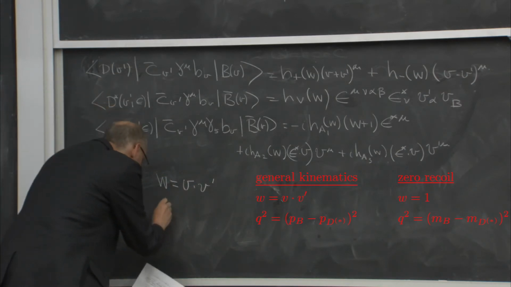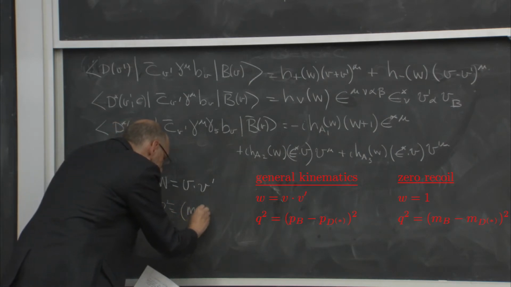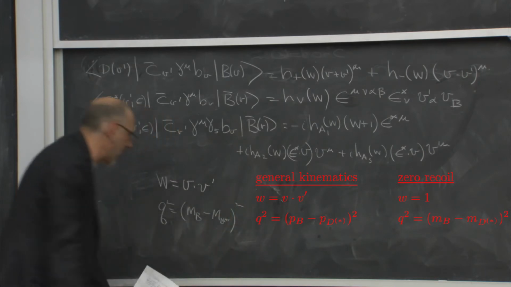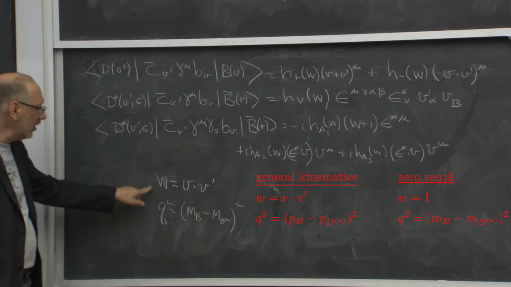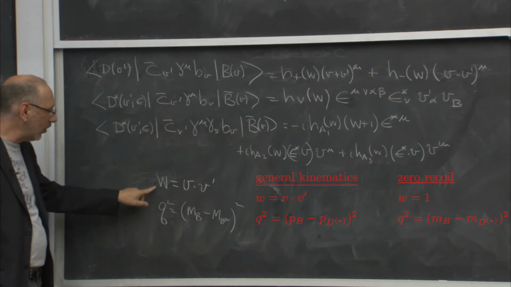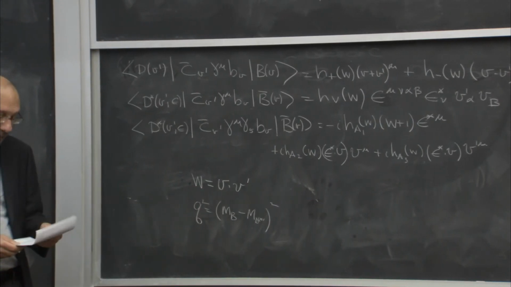Q squared at that point, for example, is just (MB minus MD) squared, maybe D star if it's the D star meson. So these two values of these Lorentz invariant quantities, these scalar quantities, correspond to the same kinematic point.